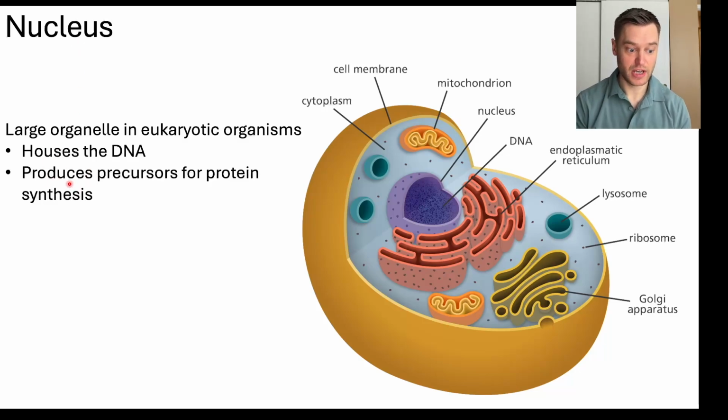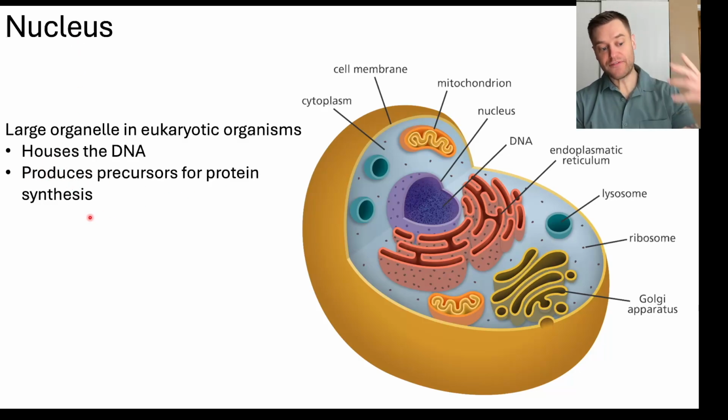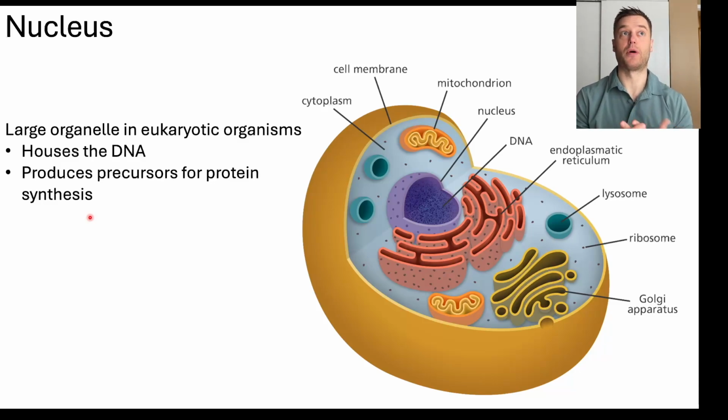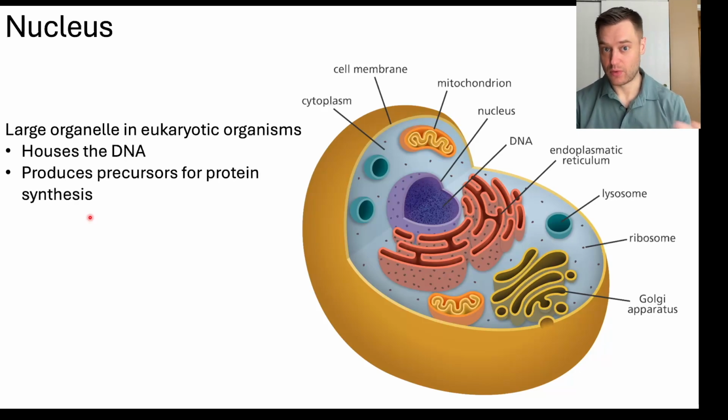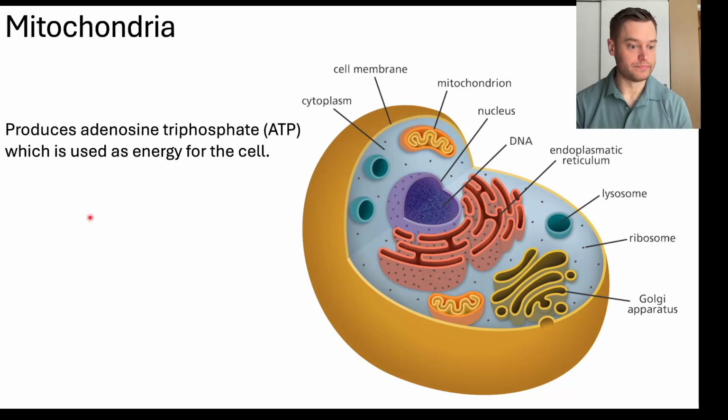It produces precursors for protein synthesis. The information that is going to produce more proteins and function is in the DNA, and that DNA is found in the nucleus. So you must know that neurons do have a nucleus, and in the nucleus is where we find DNA. You must know that there's mitochondria.